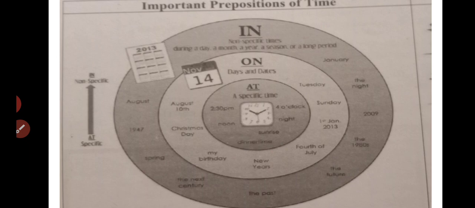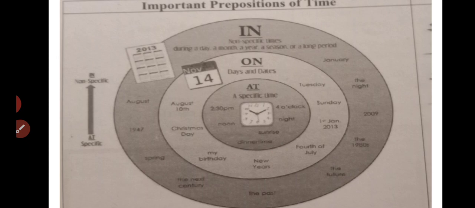My brother was born in January. When we say the month, we have to use the word in before the month. Next, a year: in 2009, in 2020, in 2021. Before the year we use the preposition in. And then season and a long period: the word in is used before these words.